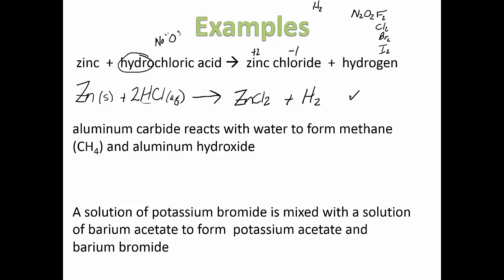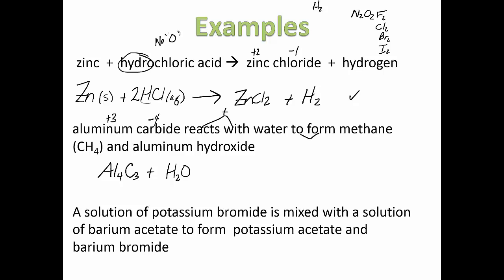Okay, so aluminum carbide. Aluminum plus 3, carbide minus 4. So we know the formula then, and we're not going to worry about states right now. Aluminum carbide, they're going to switch. Al4C3. Carbide comes from carbon. Reacts with plus water, H2O. It would be a liquid.